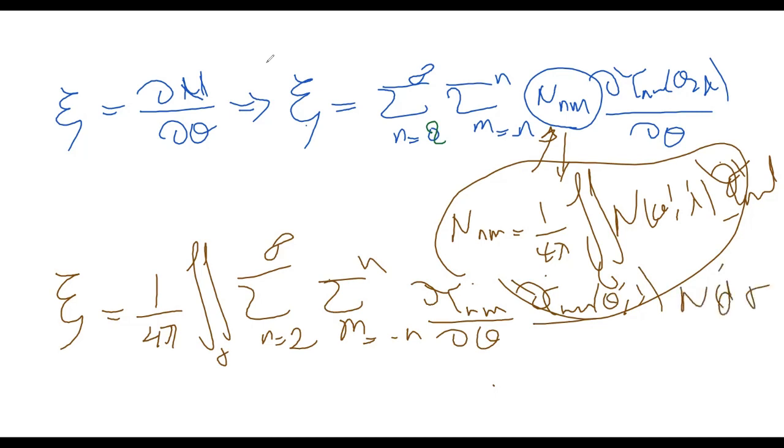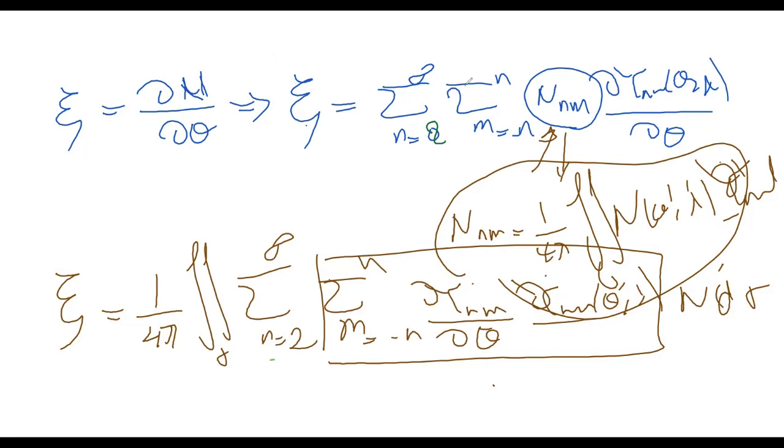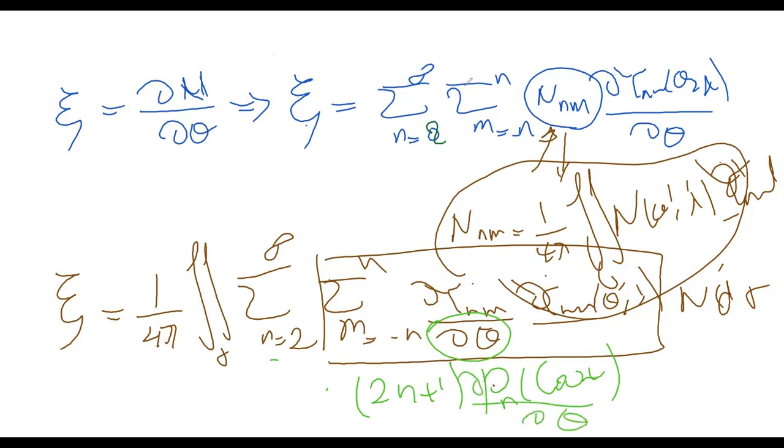This. What is this one? If I do not take the derivative, then it will be the addition theorem. If we do not consider this one, then it will be 2n plus 1 P n cosine psi. So now we have this derivative. If I take the derivative of this, its derivative comes and sits here. Therefore, I can write this addition theorem like that. This is a derivative of the addition theorem.